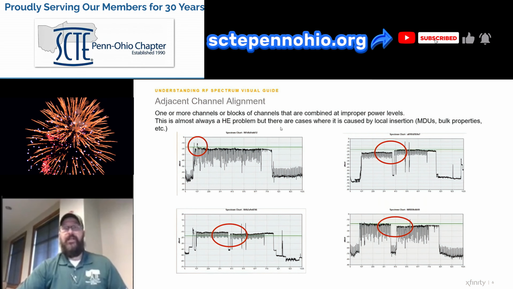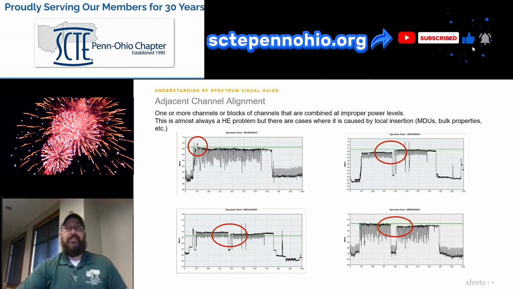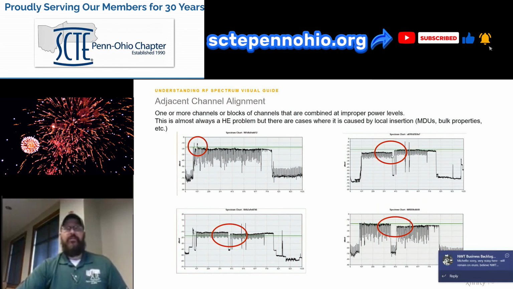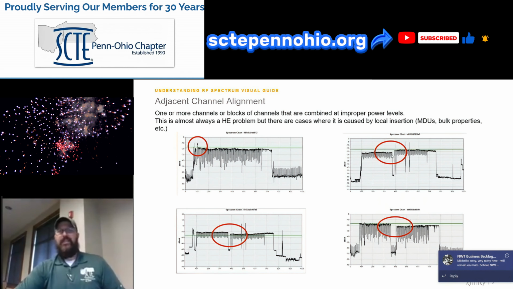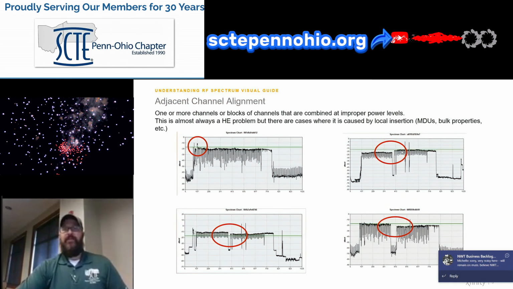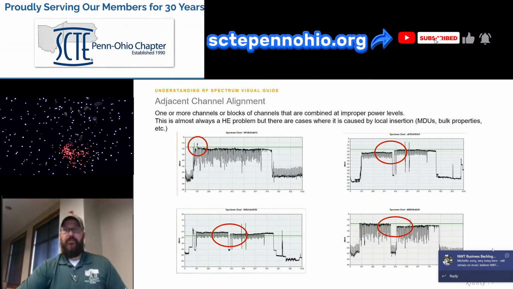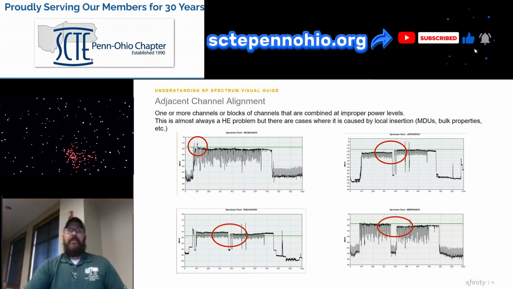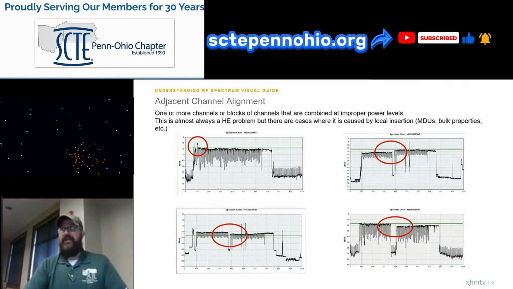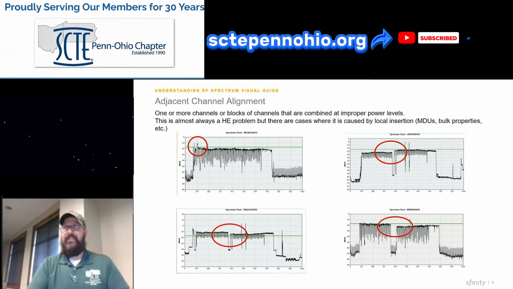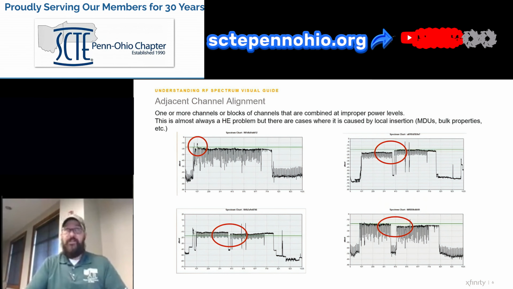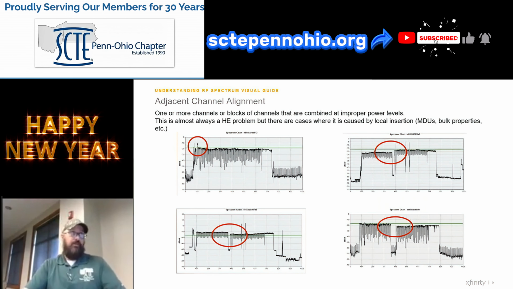Now, other times you'll see things like this. The bottom half of the spectrum is the linear broadcast or video channels, and then you get into your DOCSIS channels or your narrowcast channels, and that's typically a product of combining in the head end. So if you see that in the house, there's typically nothing you can do to fix that in the house, or in an amplifier.